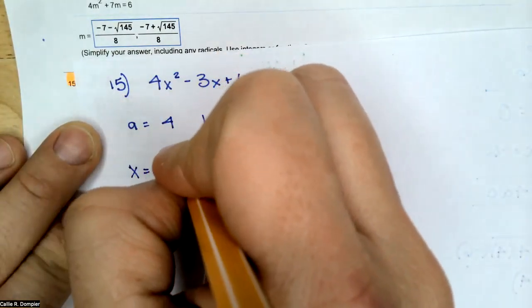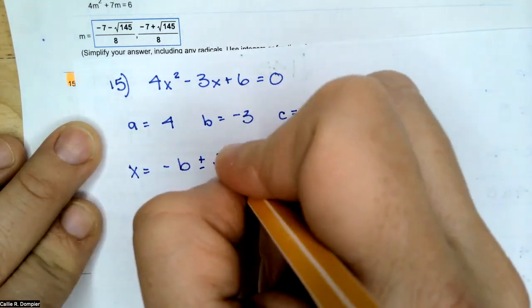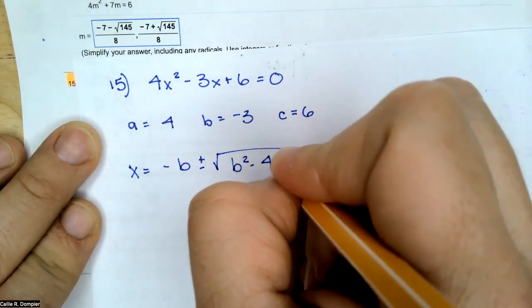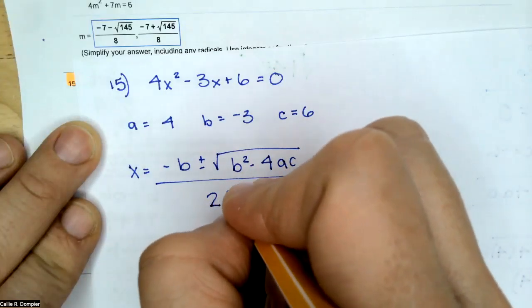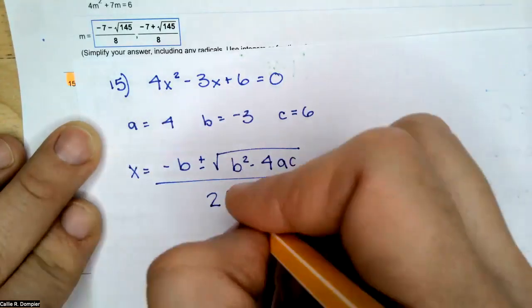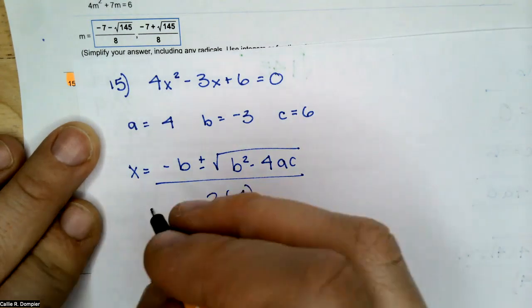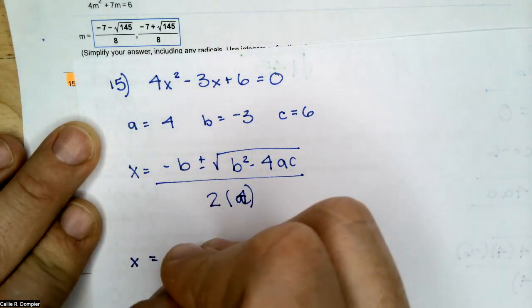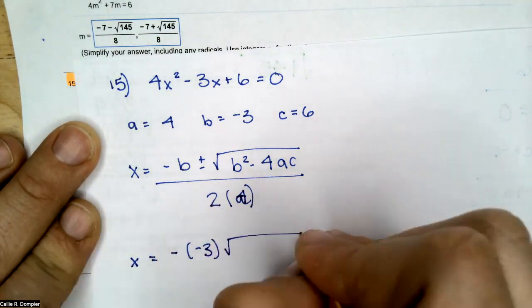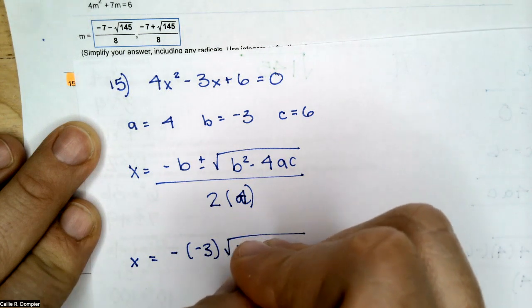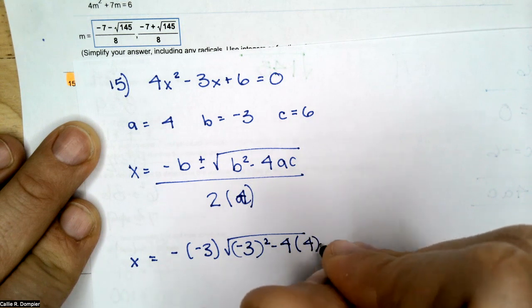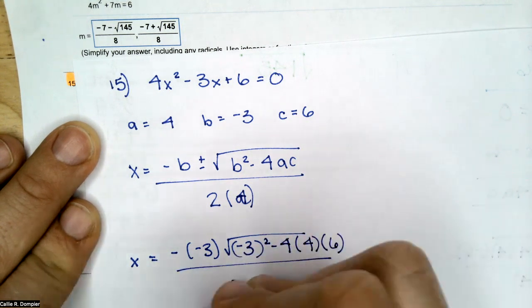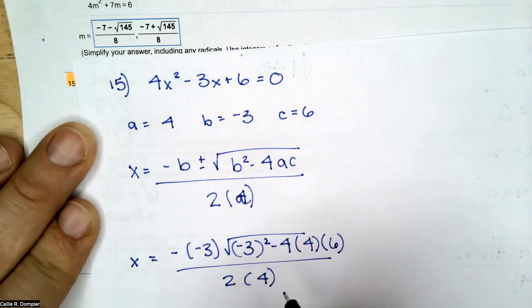X equals -b plus or minus the square root of b squared minus 4ac over 2 times a. Filling it out. X equals -3 squared minus 4 times 4 times 6 over 2 times 4.